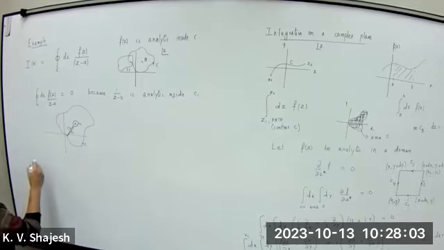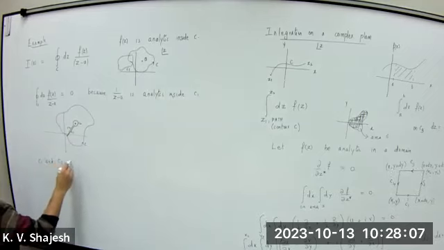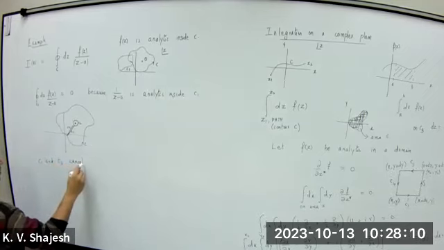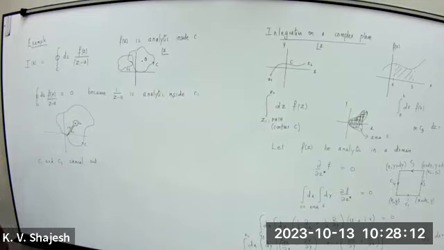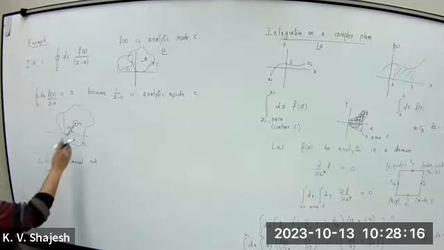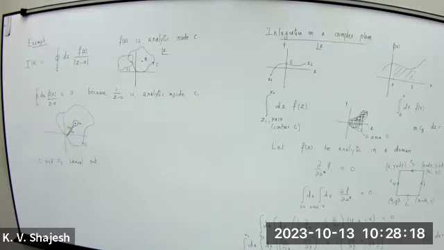So C1 and C3 cancel out. So what I have done here is that I have isolated that point somehow. Right?